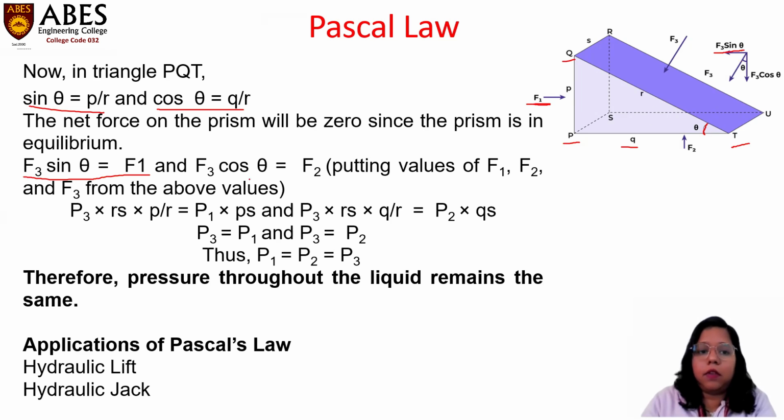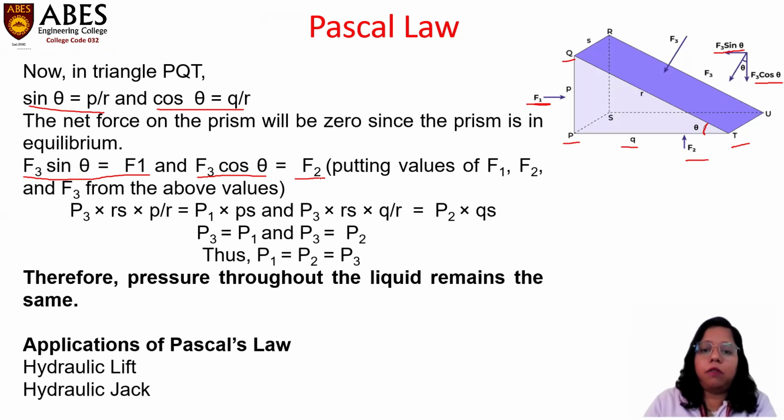And in y direction, F3 cos theta is equal to F2. The force F2 is in upward direction and F3 cos theta in downward direction. When we equate these, the force in y direction will be 0. So that is the condition of equilibrium: x and y direction forces will be 0. So F3 sin theta is equal to F1 and F3 cos theta is equal to F2.